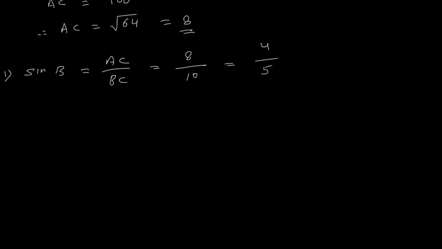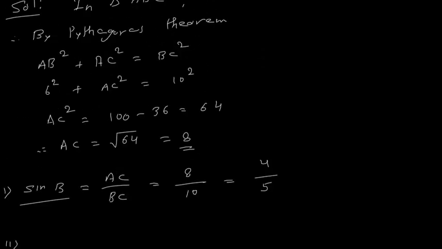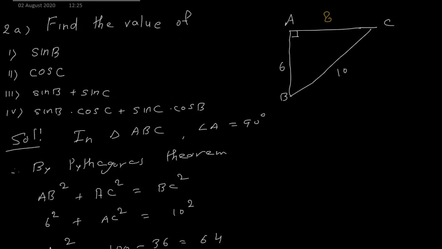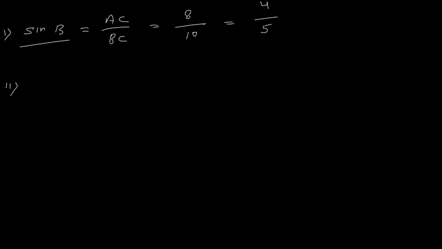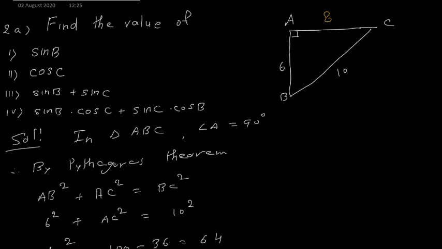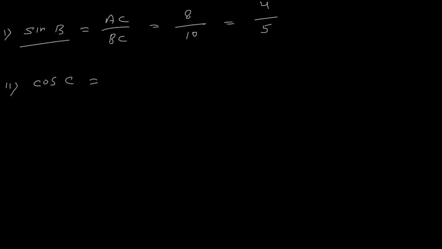So sin B is 4 upon 5. Second, let us see cos C. Now I have to find the value of cos C. For angle C, cos is adjacent upon hypotenuse, so AC upon BC.